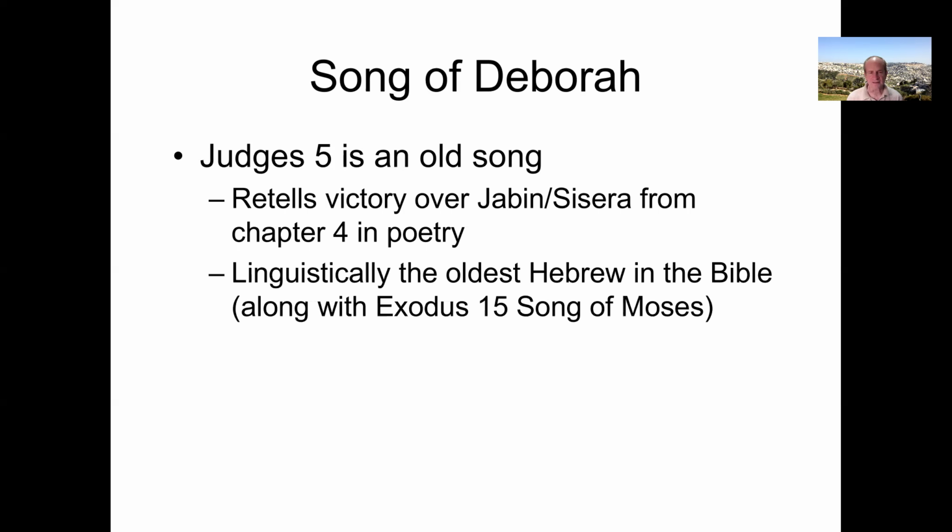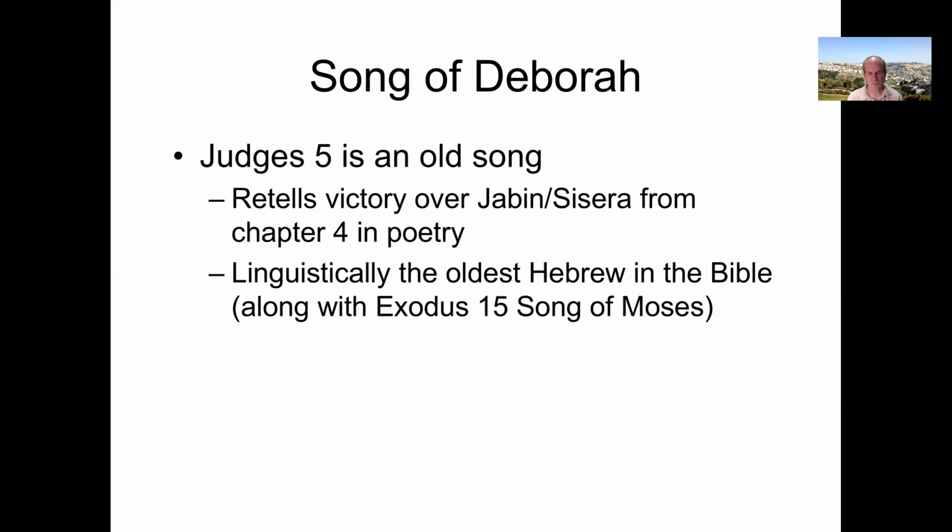Linguistically speaking, the Song of Deborah has the oldest Hebrew in the Bible, along with Exodus 15, the Song of Moses, which is also very old. And there are a few other ancient poems that also may be similarly old. But Judges 5 is a very long passage which has very, very old Hebrew. It doesn't necessarily mean that it's older than the old prose sections around it.